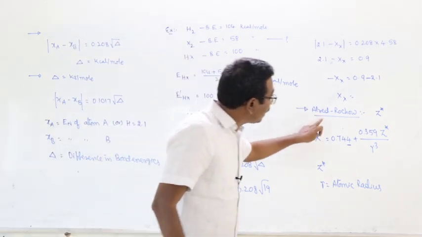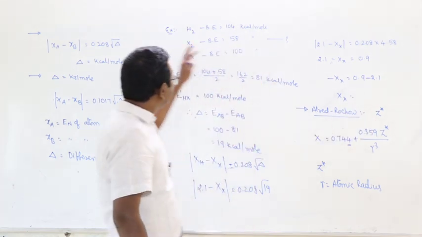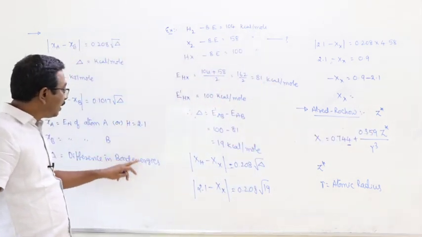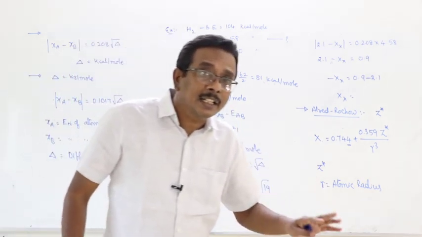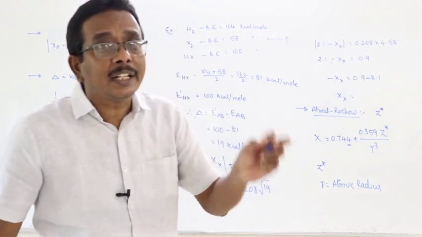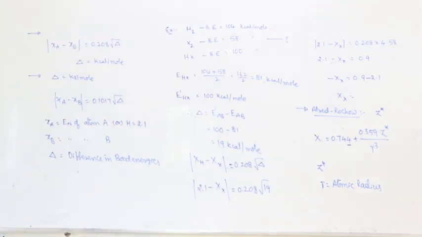What is the basis for the Allred-Rochow process? Effective nuclear charge. What is the basis for the Pauling scale? Bond energy. What is the basis for the Mulliken scale method? Electron affinity and ionization potentials of the given atom of an element. This is about the methods that are used to calculate the electronegativities.